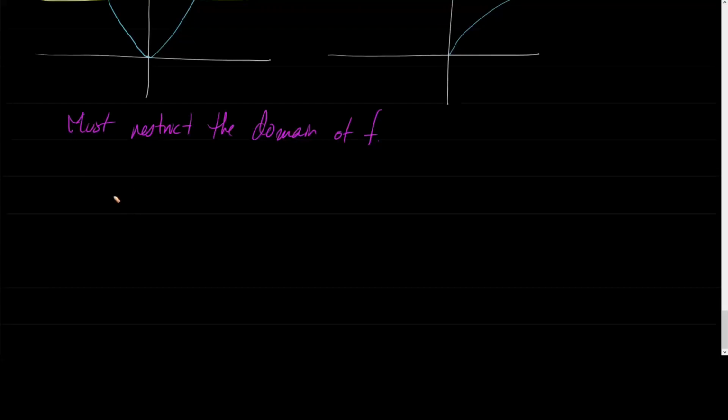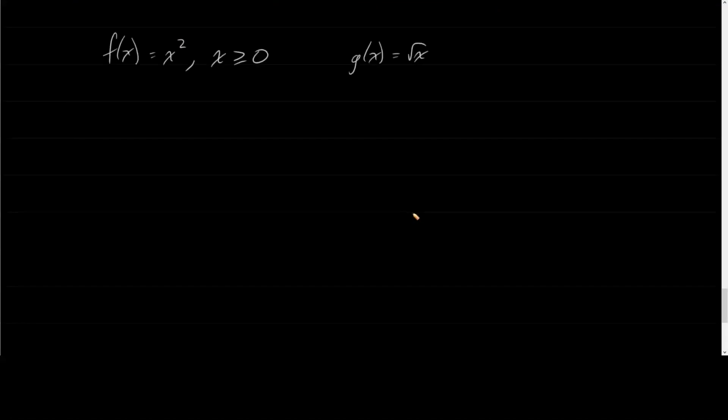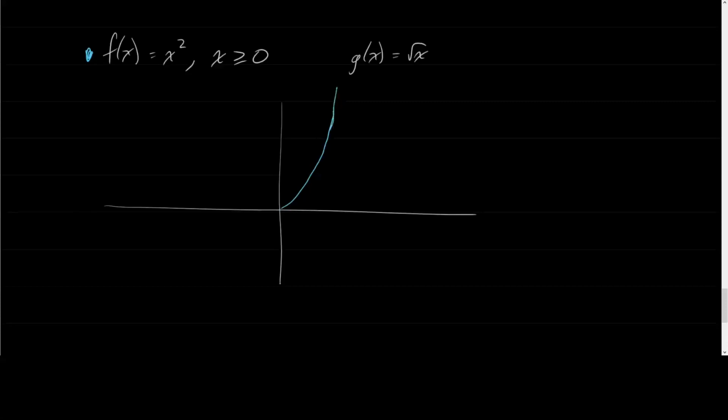If I've got f of x being x squared for x being greater than or equal to 0, and then g of x being equal just the square root of x, well, this is what we get. We get f of x being, I'll do this in blue, x squared, right, for x being greater than or equal to 0. Let's draw that a little bit better. There we go. So that would be that.